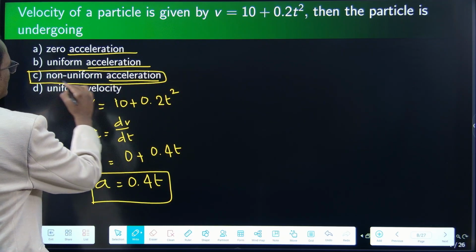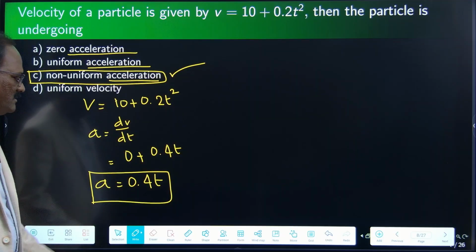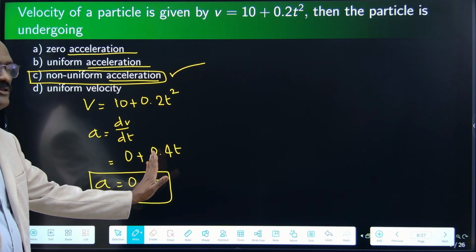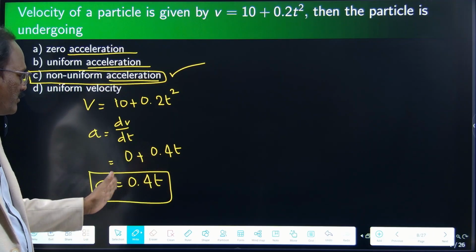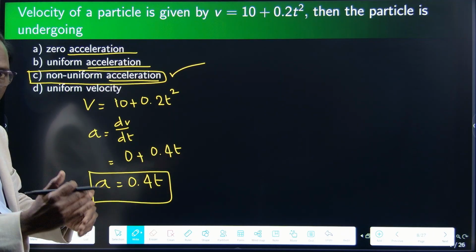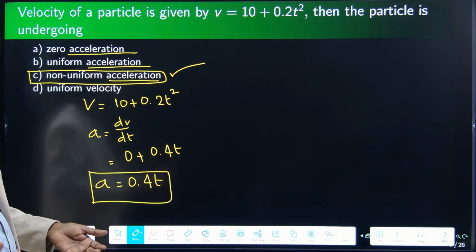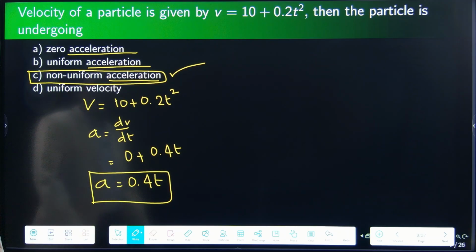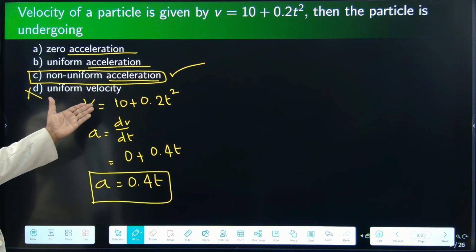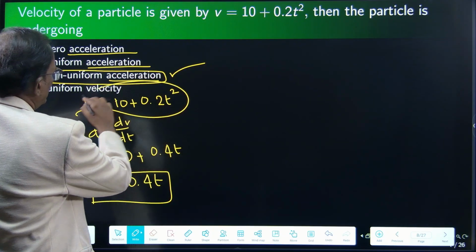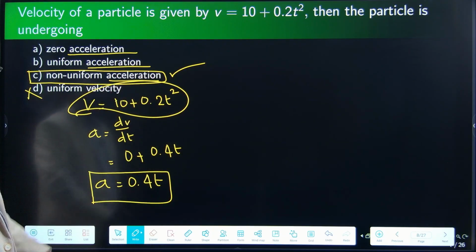That is the right answer. If it is just 0.4, it is uniform acceleration, but it is 0.4 t. So when time progresses, A will be varying, non-uniform acceleration. Uniform velocity, definitely this will not be the answer. The data itself they have given non-uniform, right?